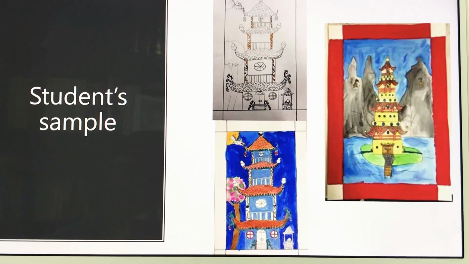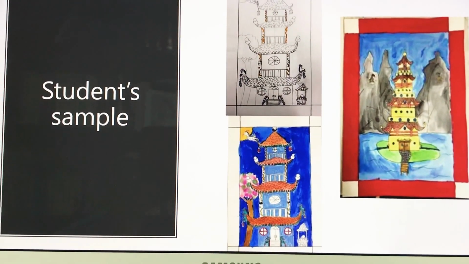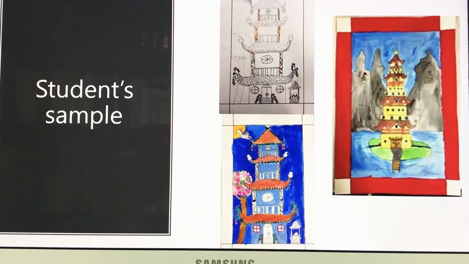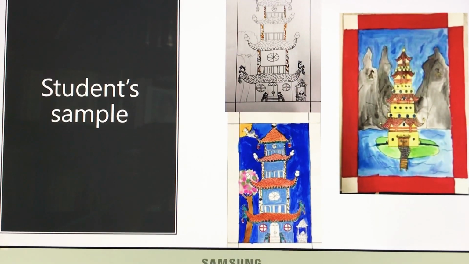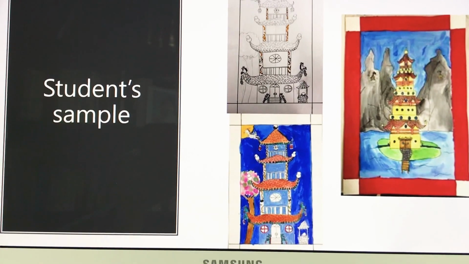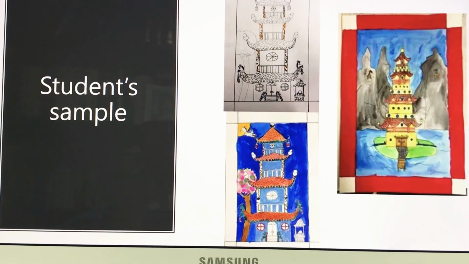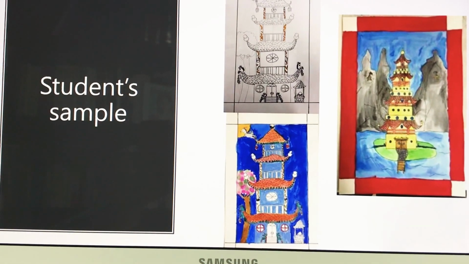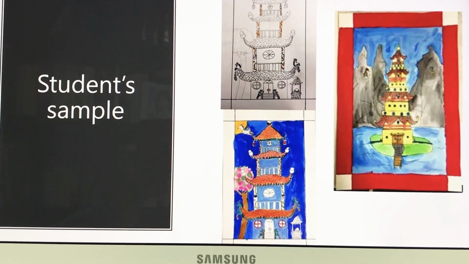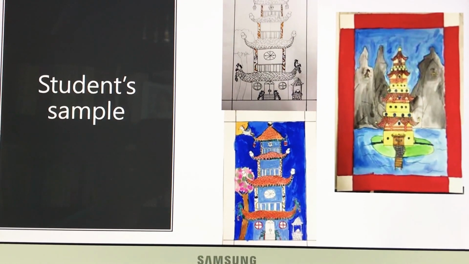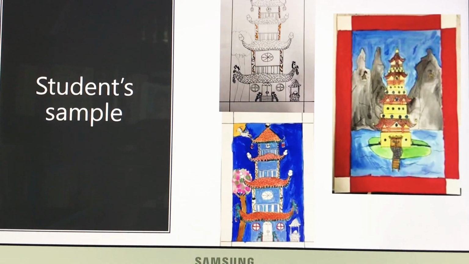This person created a fantasy-looking pond and river zone, so basically the pagoda is floating on the river. And this person also created some rock mountains in the distant background.